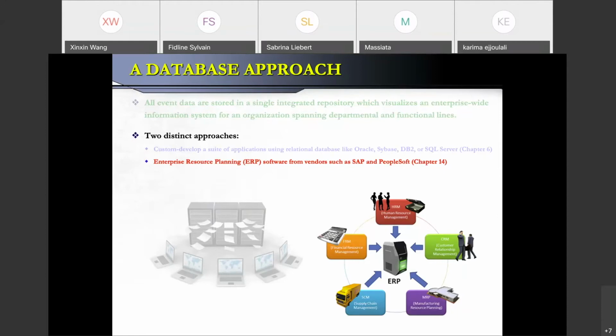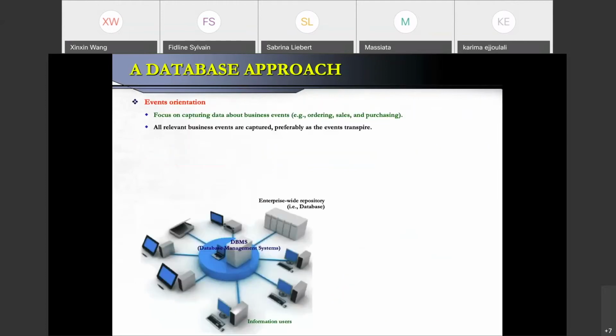So we will talk more details about this database approach in the future. It's chapter 14. Okay? So, the database approach very effectively avoids the past transaction-oriented bookkeeping system from traditional accounting. It focuses on the event.